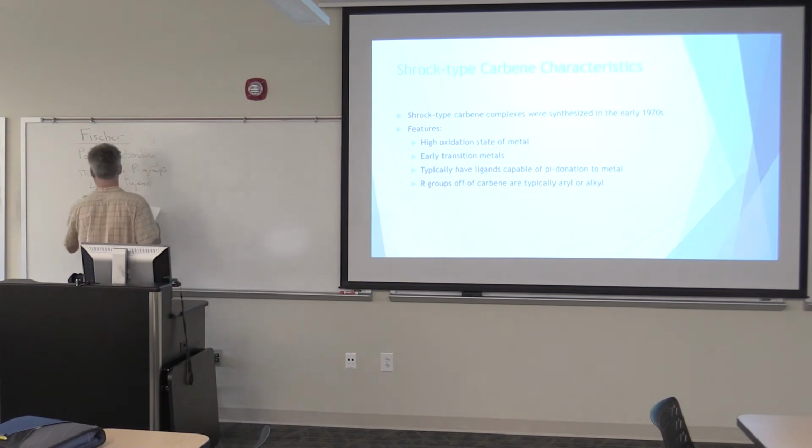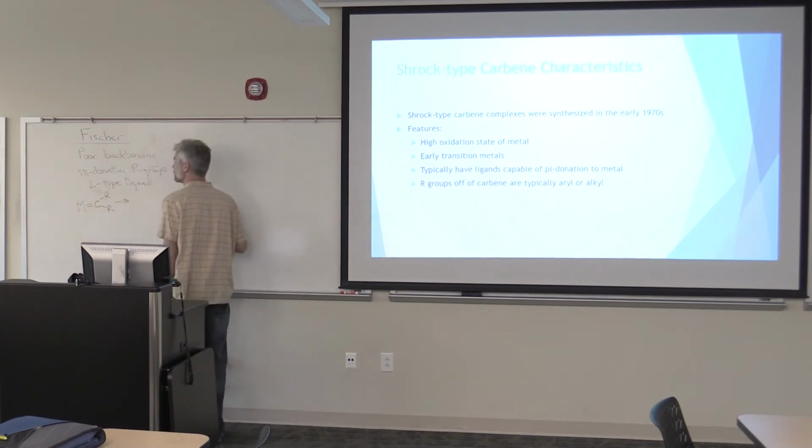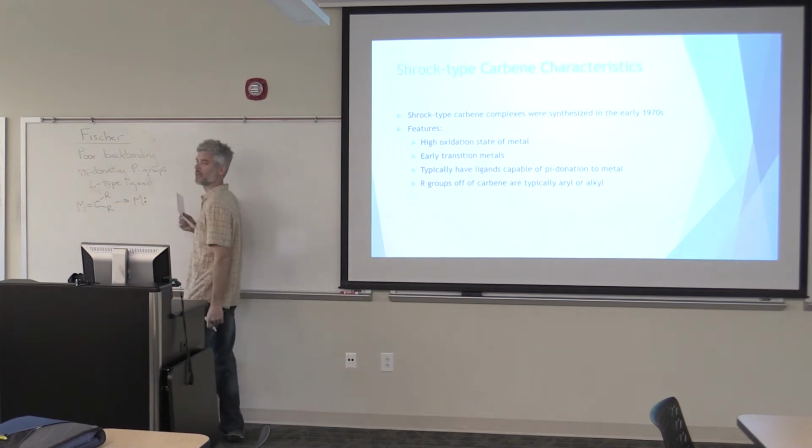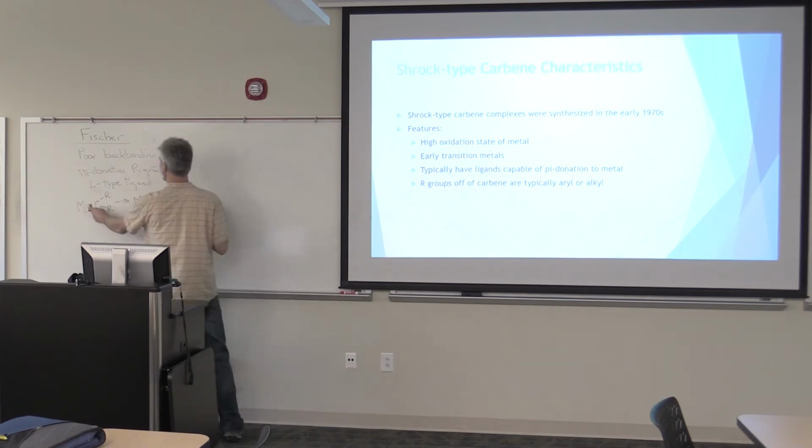So when we think about the bonding in this case, as far as breaking this apart, we would think about the metal keeping 2 of the electrons in that double bond, and the carbon keeping 2 of those electrons.